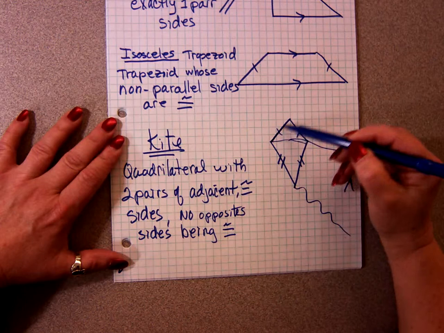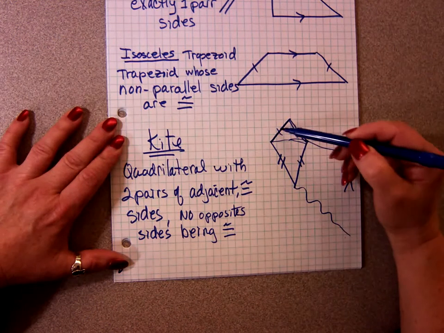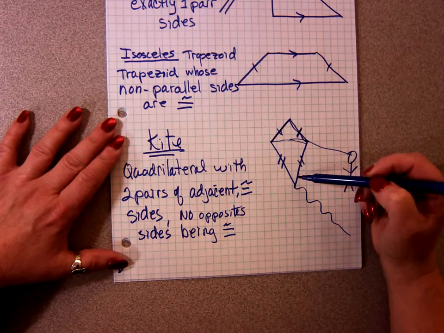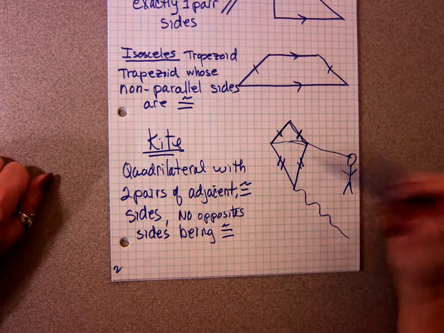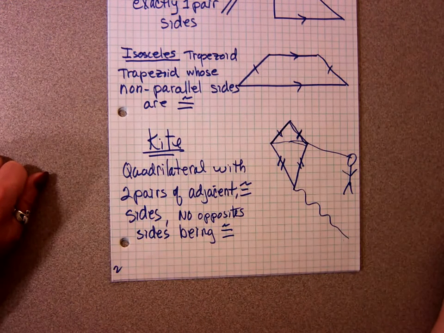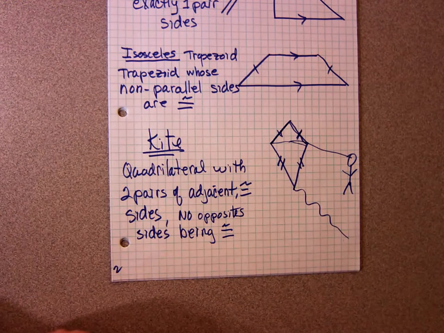So this side and this side are adjacent and they're congruent. This side and this side are adjacent and they are congruent. The opposite sides are not congruent. That's a kite. Looks just like the kite you used to fly as a kid.